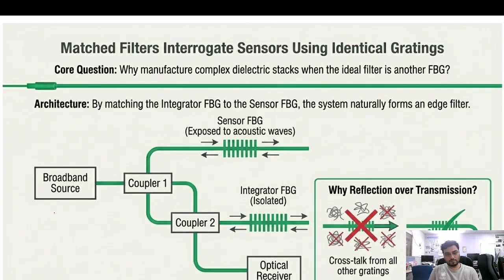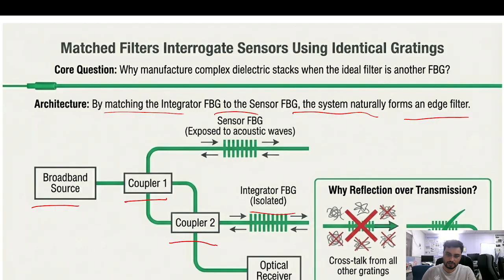So this is the broadband source, this is the coupler, and then another coupler. This is the sensor FBG and this is the integrator FBG. So by matching the integrator to the sensor, the system naturally forms an edge filter. Using these two couplers we can make an edge filter, and this is the optical receiver system for that.